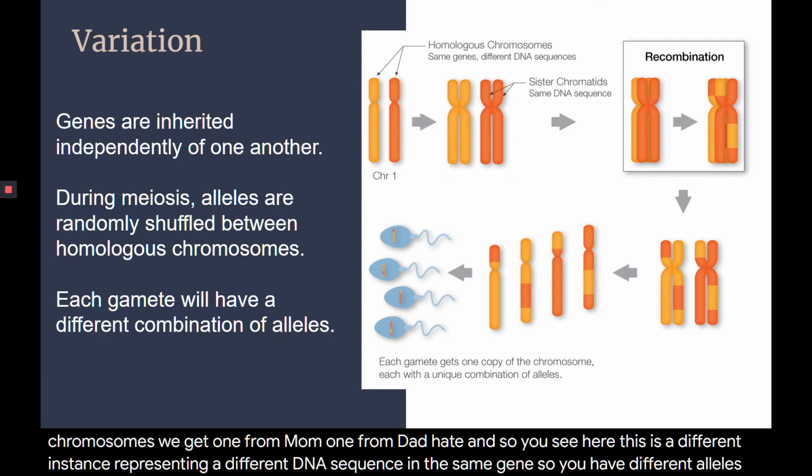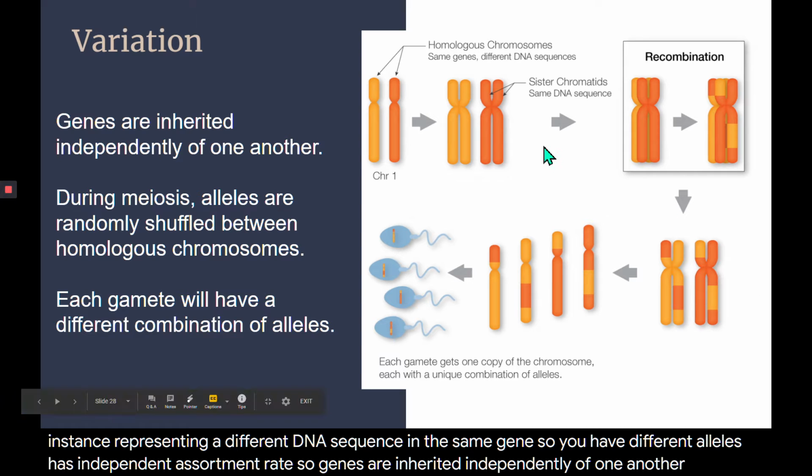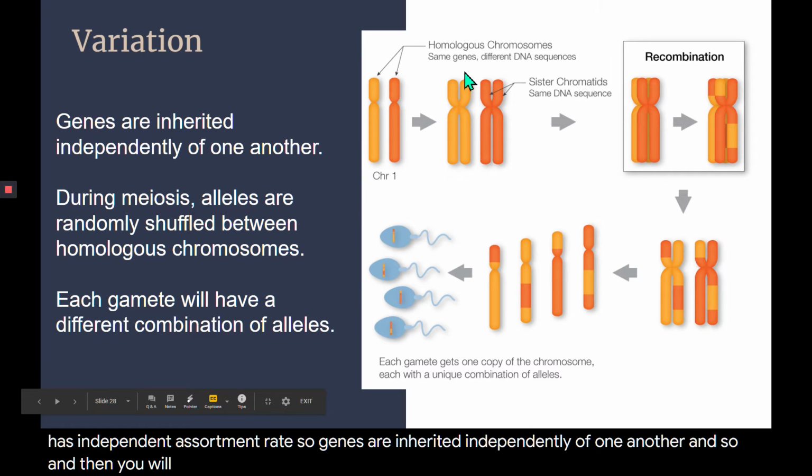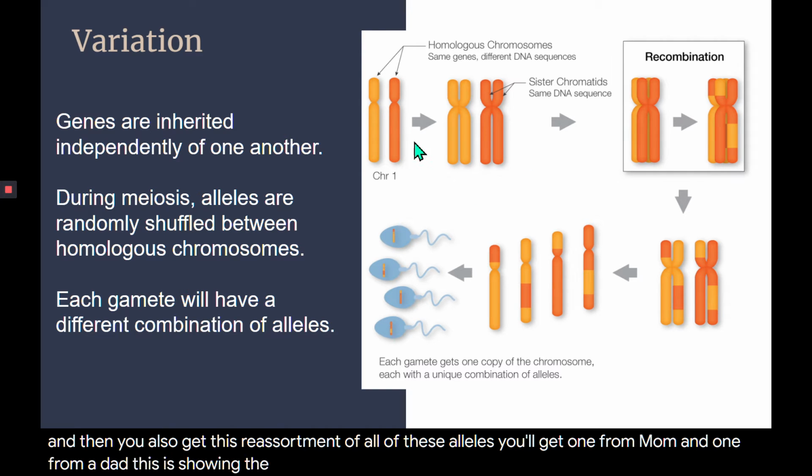We also have independent assortment, right? So genes are inherited independently of one another, and then you will also get this reassortment of all of these alleles. You'll get one from a mom and one from a dad. This is showing that during meiosis, it splits into different sperm.